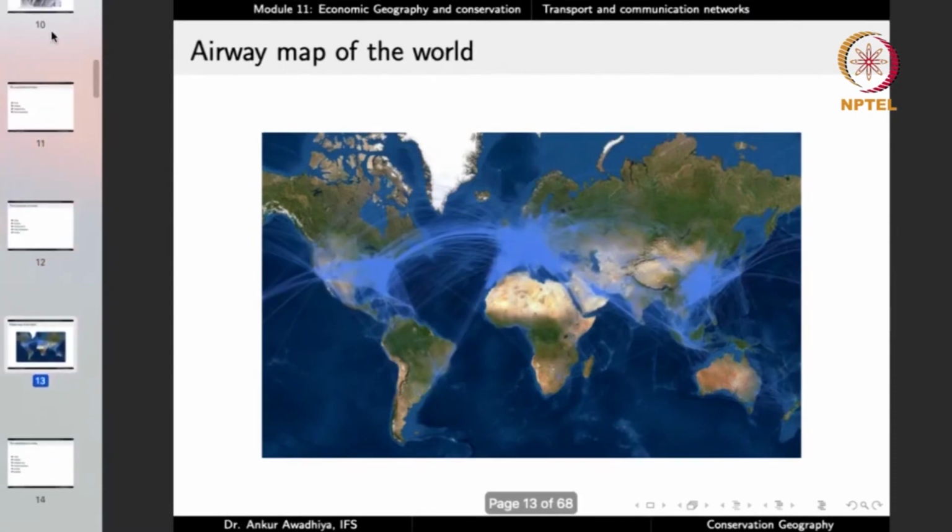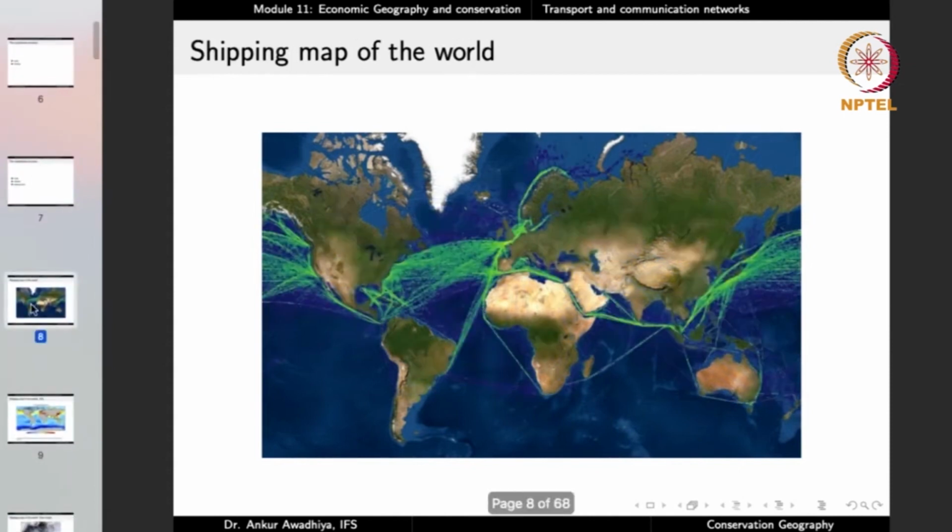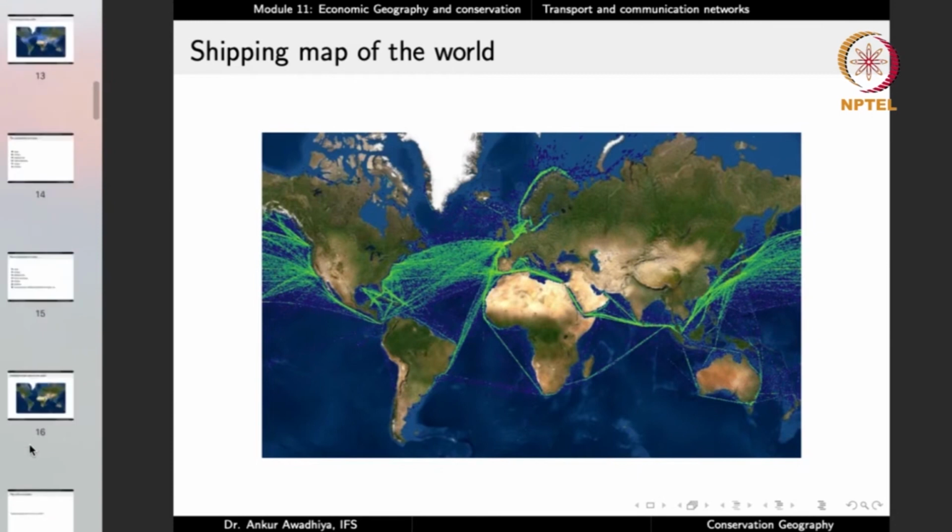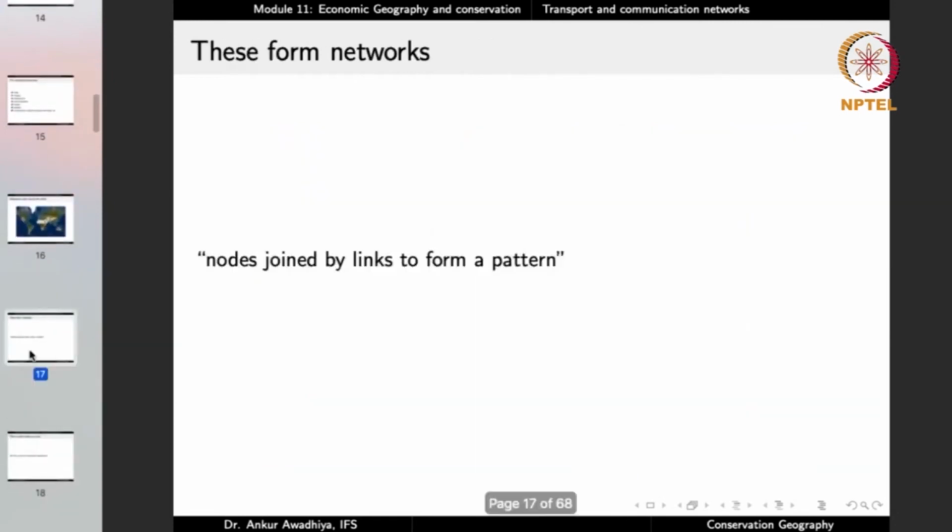And if you look at things such as the airway maps, these are the prominent nodes. If you look at the shipping maps, here again we find that there are certain nodes that are being joined through these connections. And these nodes that are joined through the connections form a network. So networks are nodes that are joined by links to form a pattern.